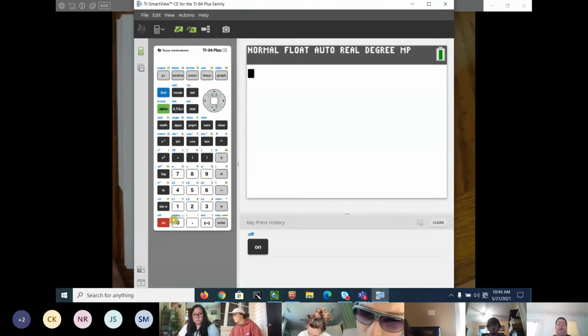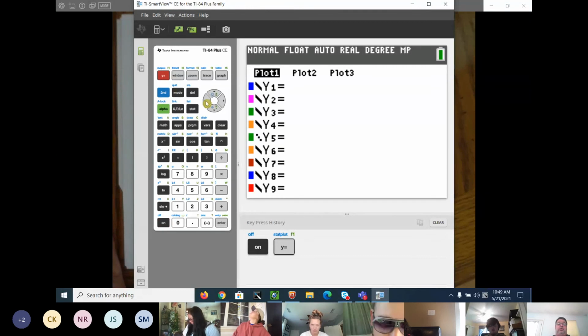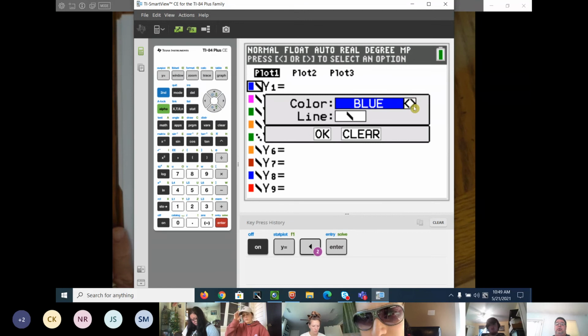So y is equal, and I'm going to do this in orange. I don't know why I do all this for y'all. Why won't it change? It won't change.